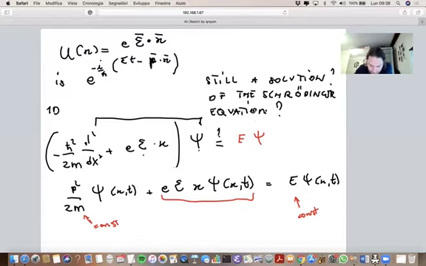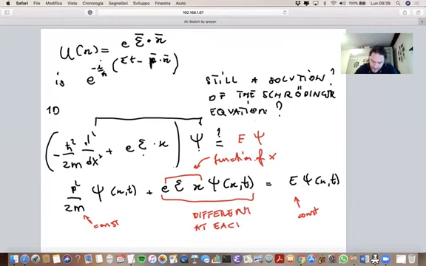But now this is a function of x. So depending on where I'm computing psi, this term changes. And there is no way I can adjust the constant to make this equation always satisfied at all points of space, because this term will be different at each point in space.